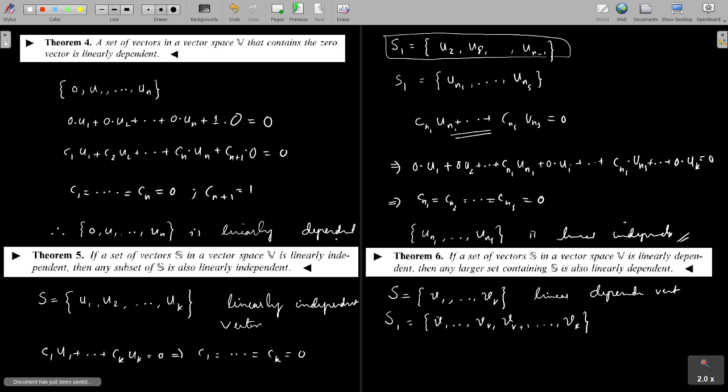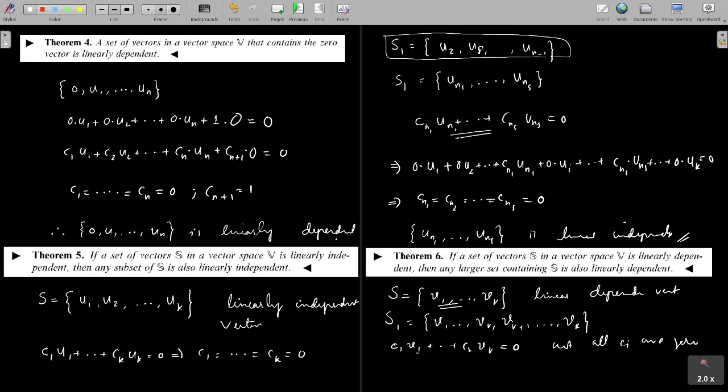Then what is the meaning of a linearly dependent set? This is linearly dependent means there is a linear combination of these vectors equal to 0 with not all coefficients 0. That means there exist scalars c1, c2, etc., cr such that c1 v1 plus etc. cr vr equal to 0, not all ci are 0.